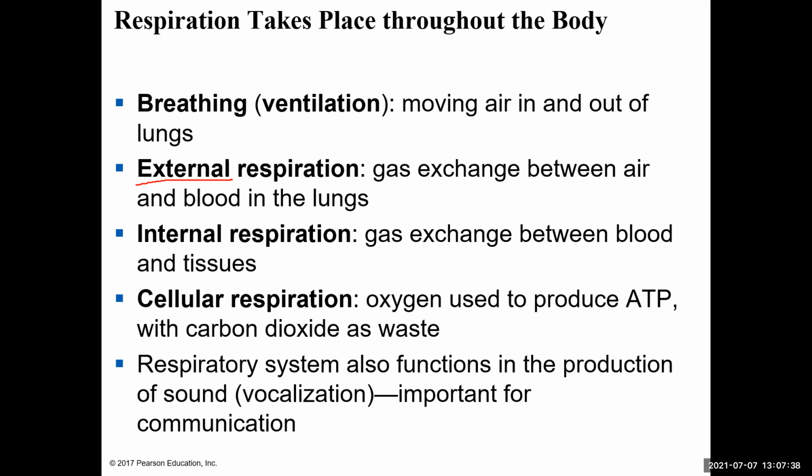The oxygen is being dropped off from the capillaries to the tissues, to the cells, and then the carbon dioxide is being picked up from the tissues into the blood. Right, so that's internal respiration. So external is the exchange of air between the blood in the lungs and the external environment. Internal respiration is the exchange of gases from the blood to the cellular tissue, so at that cellular level.